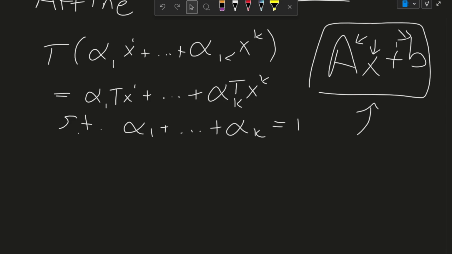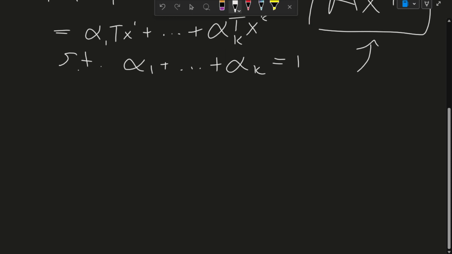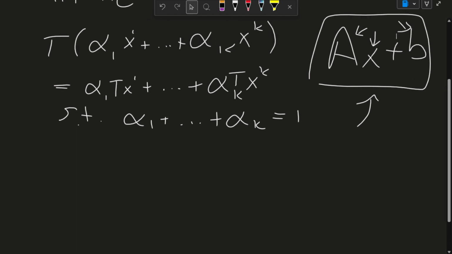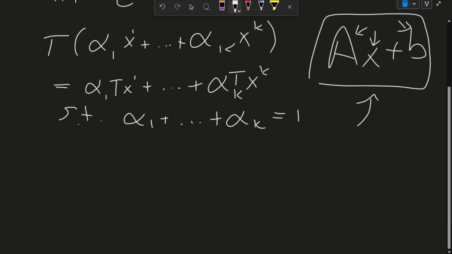Let's do that a little bit. I'm going to go faster than we did the first time we talked about this kind of stuff, because you all should at this point be familiar with some linear transformation stuff. So let's just assume that we have this transformation T, and it distributes over affine combinations.